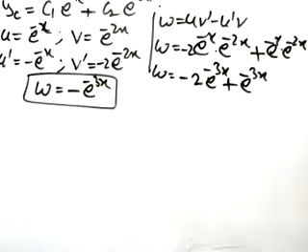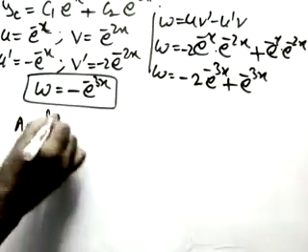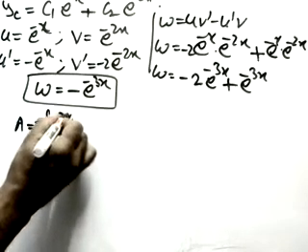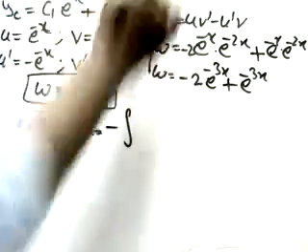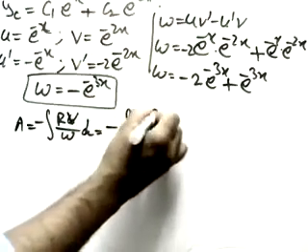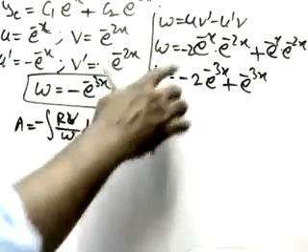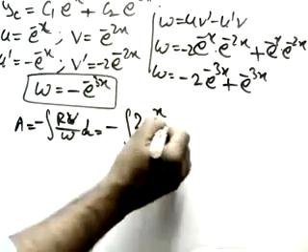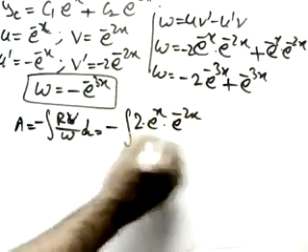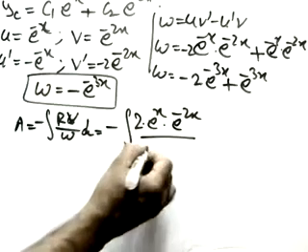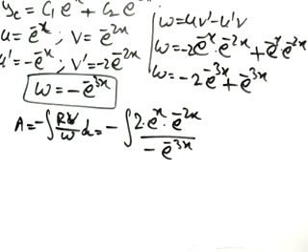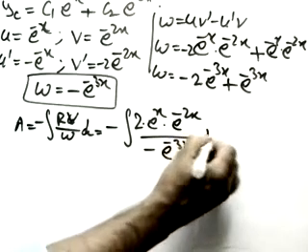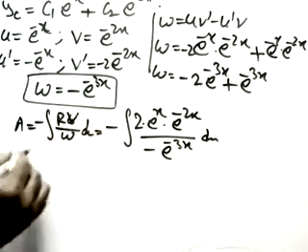Now let us find A. What is the formula of A? A equals minus integration of R into v by w. We noted in the starting that R is 2 into e power x, and the value of v is e power minus 2x, divided by w. The w value is minus e power minus 3x. You see the bases are same, so let me add the powers. Minus into minus will become plus.